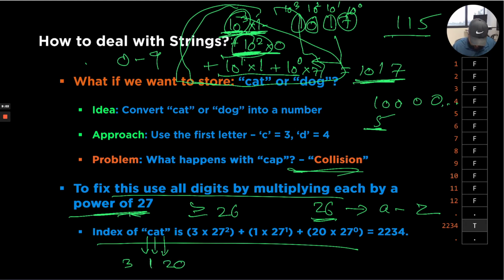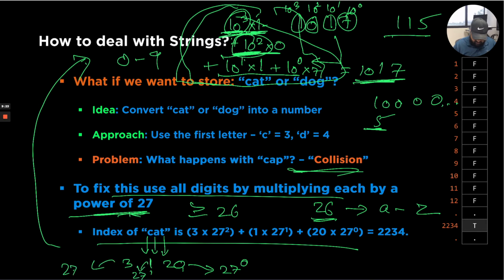Then we multiply each of these just how we were multiplying numbers, but instead of base 10, we are multiplying with 27, and it'll get clearer as we go forward. You multiply this one with 27 to the power 0, this one with 27 to the power 1, and this one with 27 to the power 2.